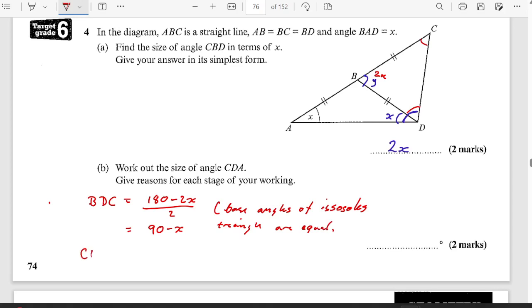So CDA is going to be equal to 90 minus x plus x. The same reason. Right, I could say that angles in a triangle add up to 180, we could throw that in there as well. So that's going to be 90 minus x plus x, so that's going to be 90 degrees.